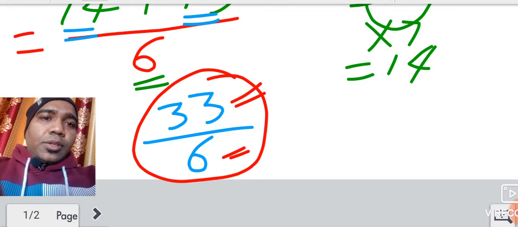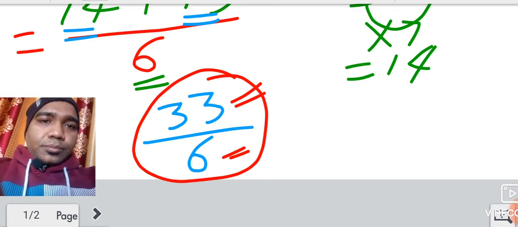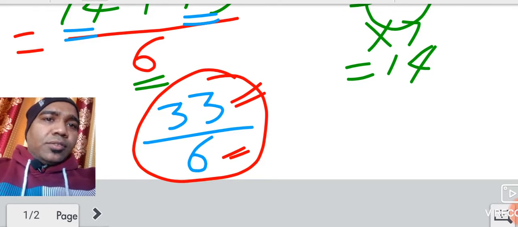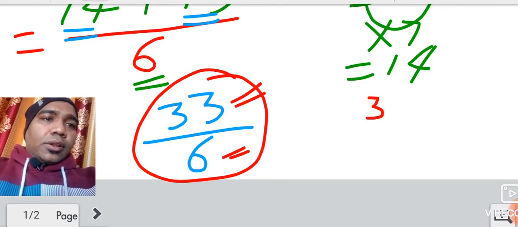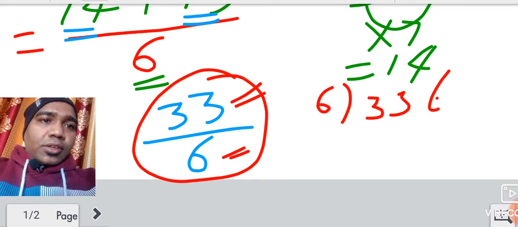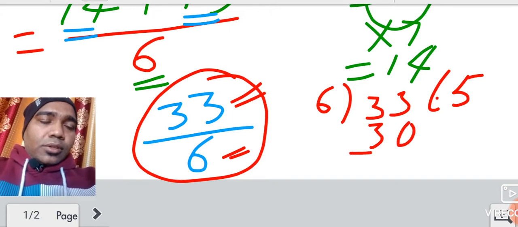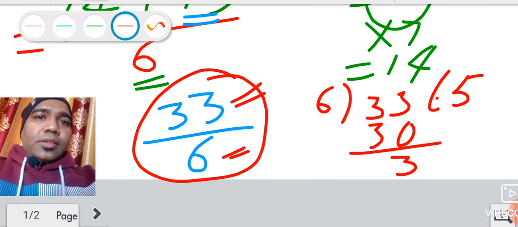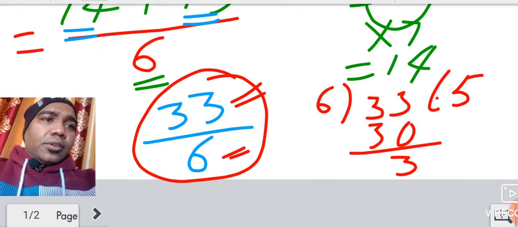So how do we change? 33 divided by 6. Okay, so 6 5s are 30. 30 we have got. In the remainder how much will we get? 3. Okay, so as earlier I have discussed, how do we write it into a mixed fraction?